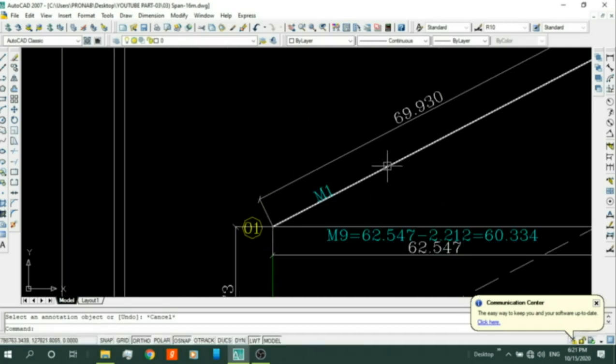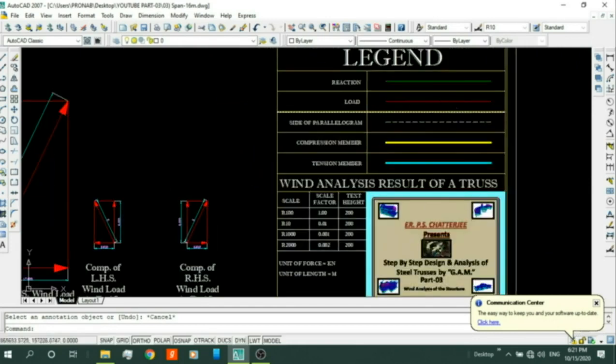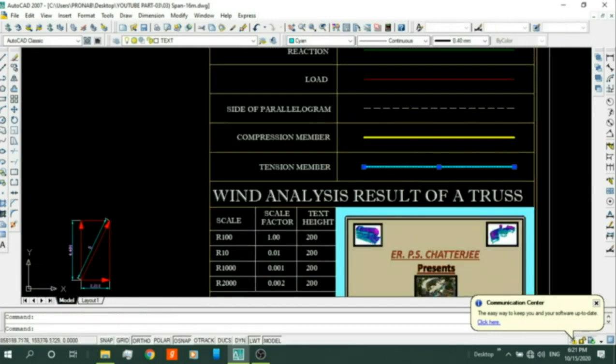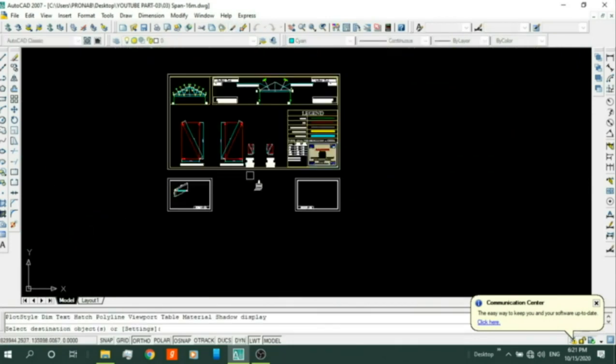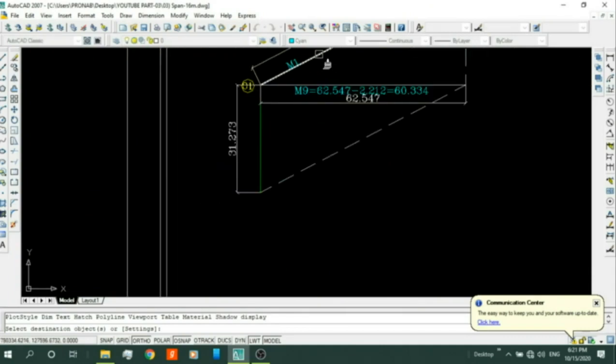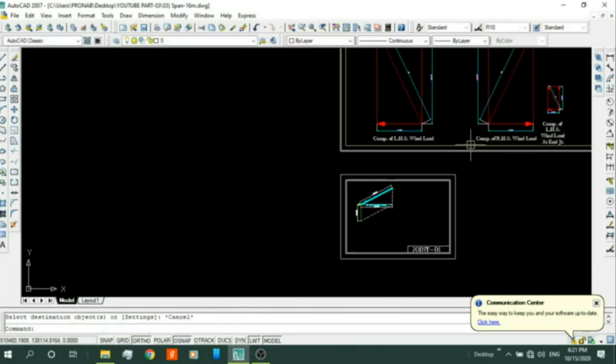M1 is a tension member. M9 is a compression member.